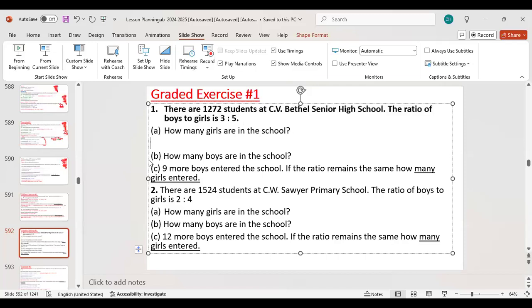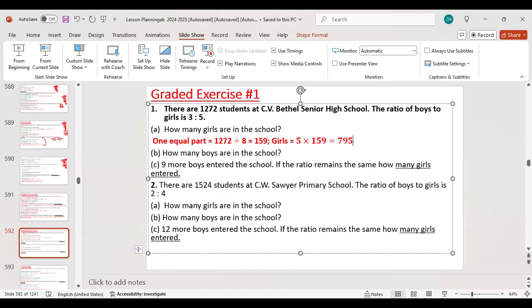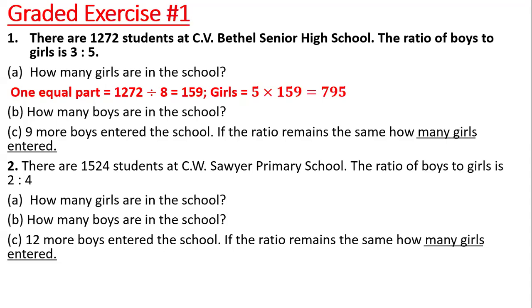I put 5 times 159, and then I got 795. So 795 is the correct answer for this.